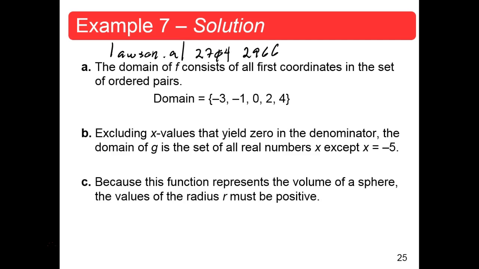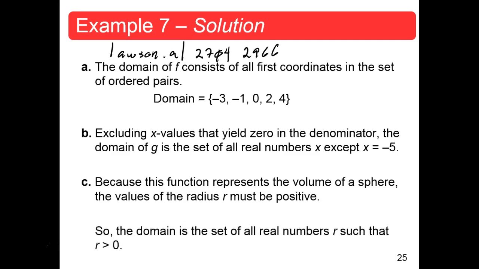So R must be positive. There they wrote out the answer. And then they say, so the domain must be the set of all real numbers R such that. So that's the same thing I did before, except I put the curly cues, they call them braces: brace, R, such that, the vertical line, R greater than 0, close the brace. Much more concise way of writing set notation than writing all those words.